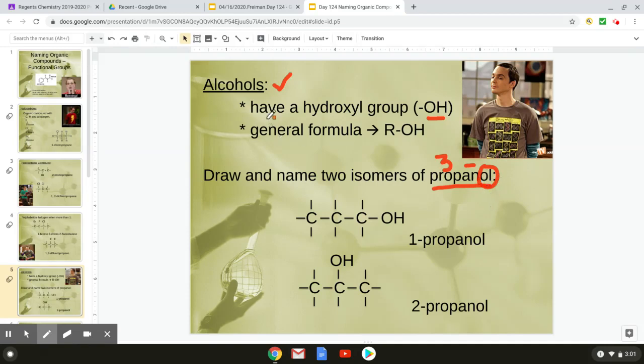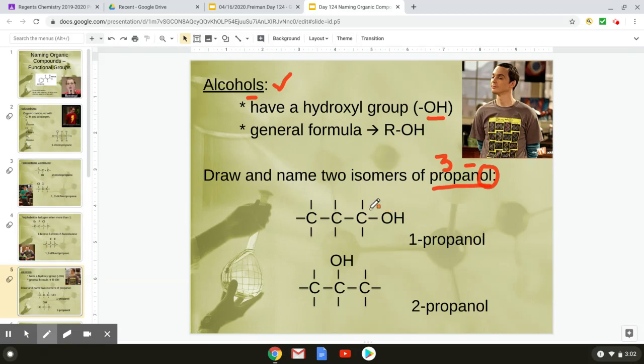Just like in the name, they're going to end with an OL. So propanol is a 3-carbon chain for prop, single bonds because it used to be propane. Now, where one of the hydrogens used to be right here, that hydrogen has been replaced by an OH group, a hydroxyl group. That OH now makes this propanol.